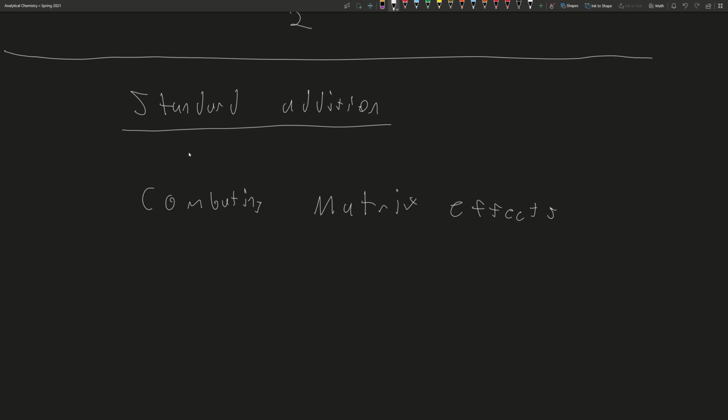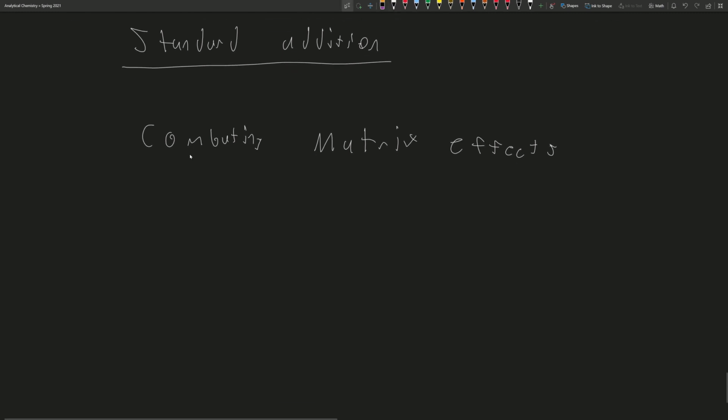When we talked about solutions, we had our solute and we had our solvent. Typically, our solute is our analyte.